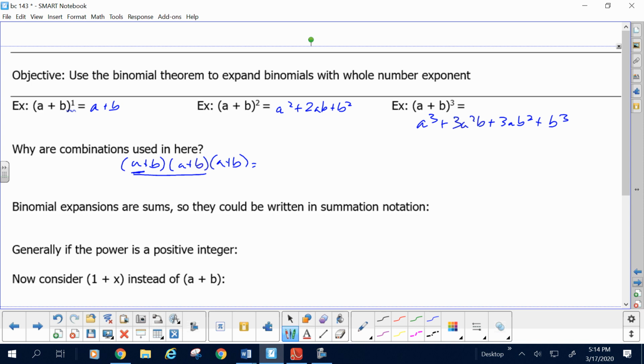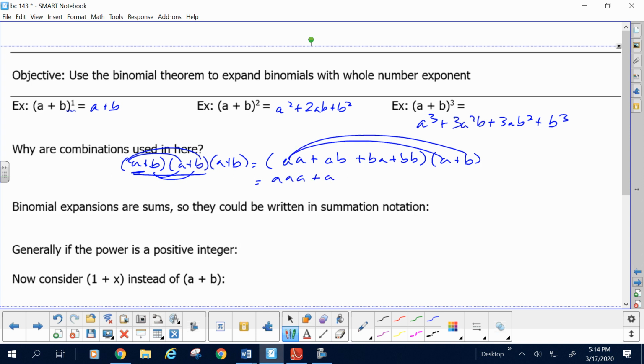So if I expanded that, then it would be AA plus AB plus BA plus BB. I could then multiply that by A plus B, and I get something like AAA plus AAB plus ABA plus ABB plus BAA plus BAB plus BBA plus BBB.